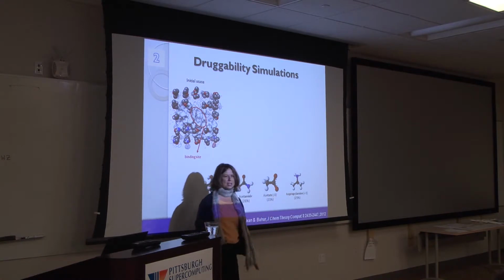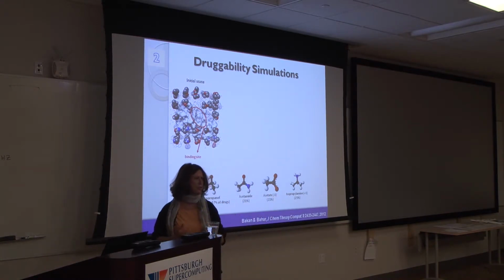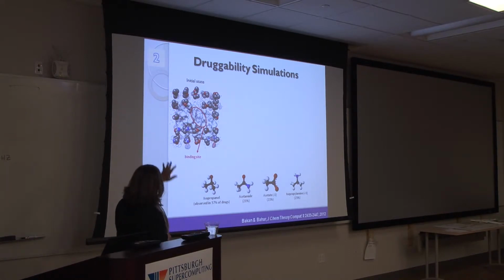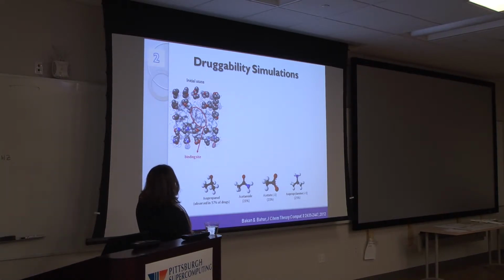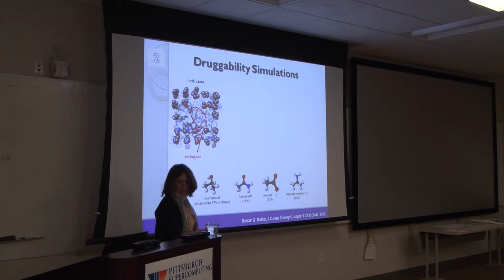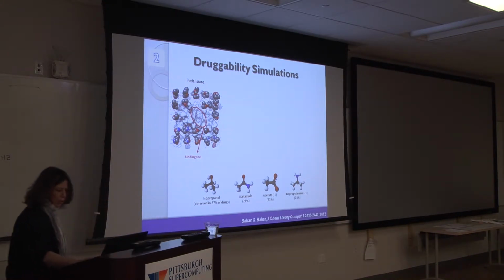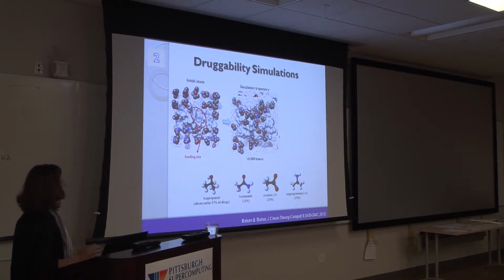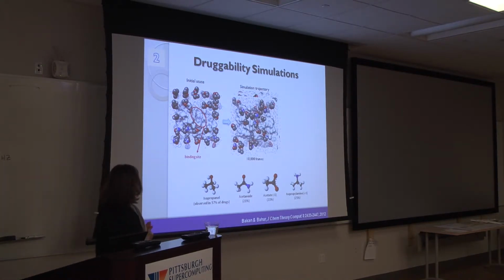We just selected these based on their frequency of occurrence, but you can increase this as much as you like. And then you start your simulations. You know that this is going to be the binding site, right? But you want to see whether it is really going to be populated, and if it is, what type of fragment will bind there?